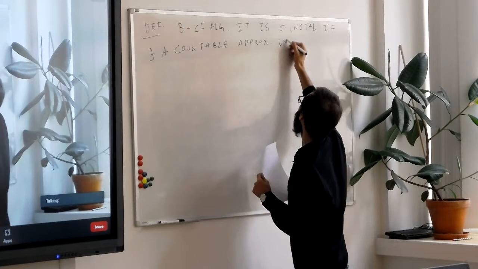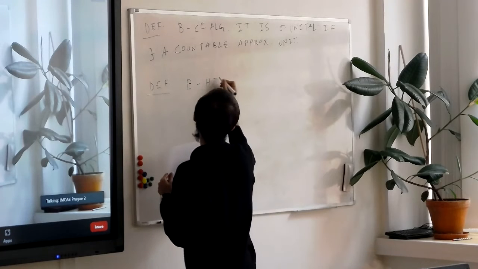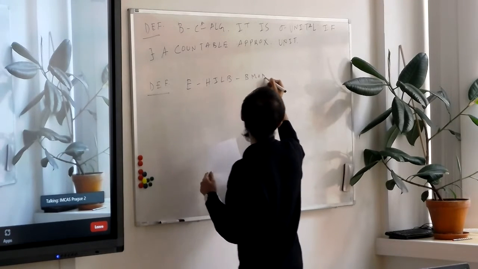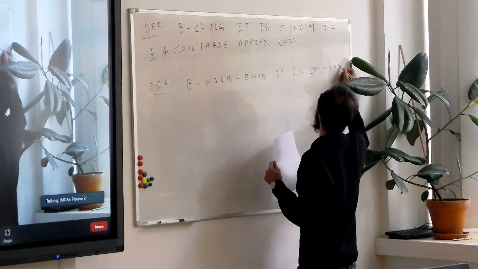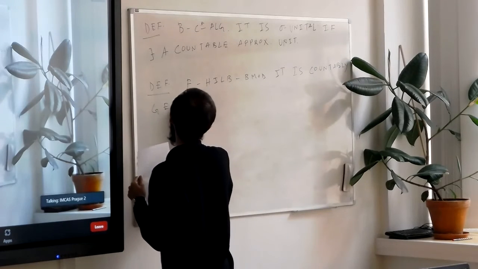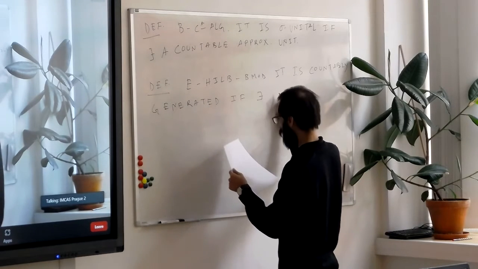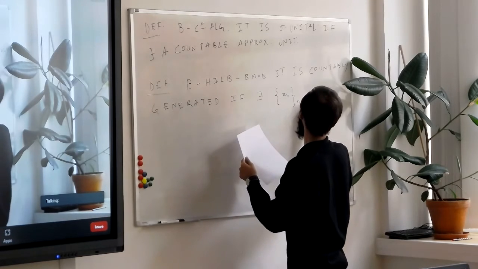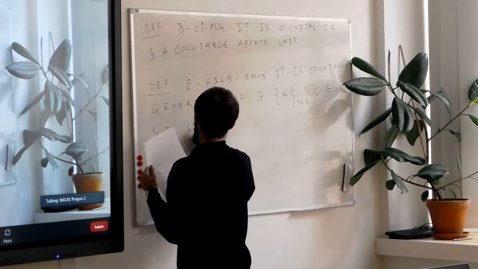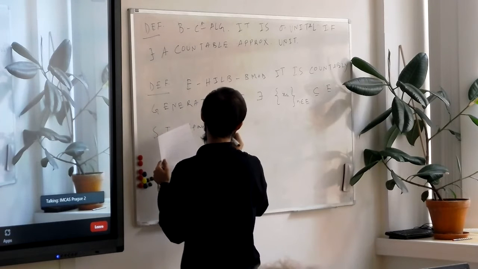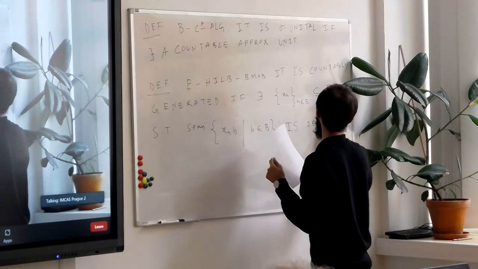A Hilbert B module is countably generated if there exists a countable set inside E such that the span of the B-multiples is dense.